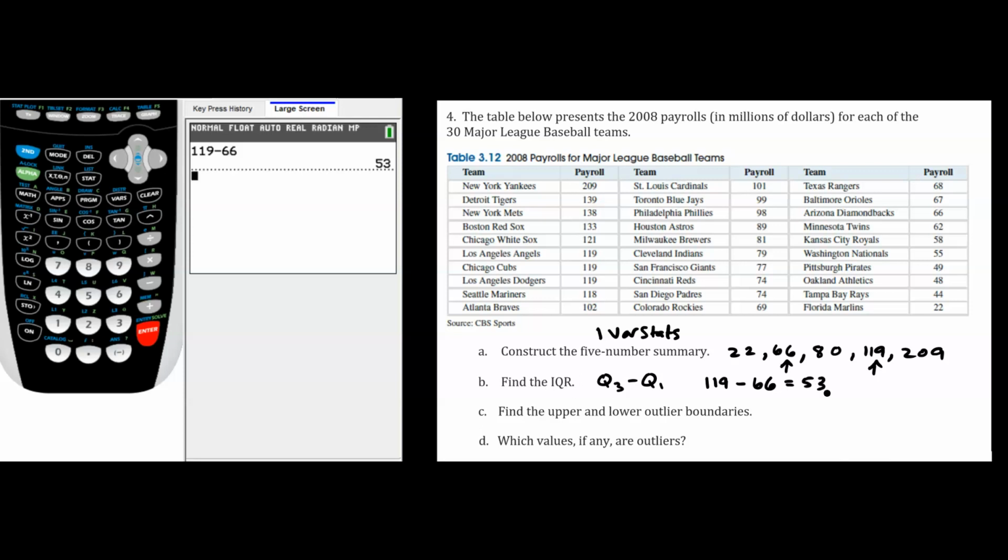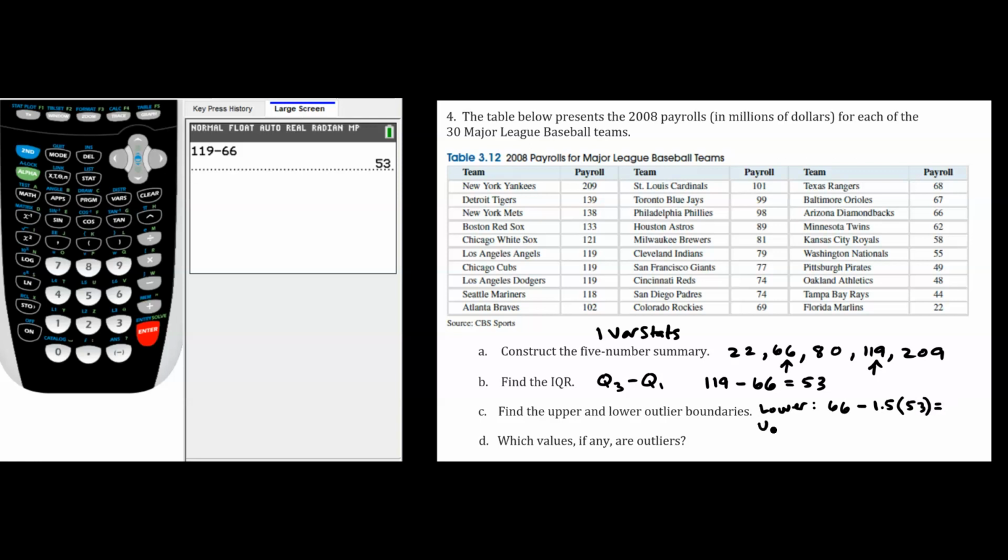This interquartile range is important for setting up these upper and lower boundary formulas. So our lower formula is going to be Q1, which is 66, minus 1.5 times that IQR, so minus 1.5 times 53.